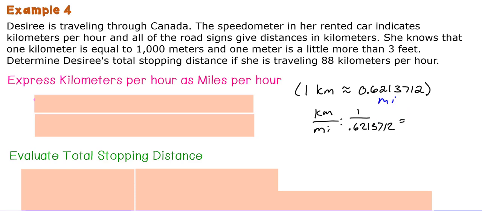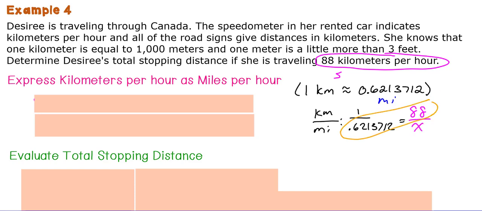And then if her speed is 88 kilometers per hour, the 88 is going to go on the top of our fraction, x on the bottom.